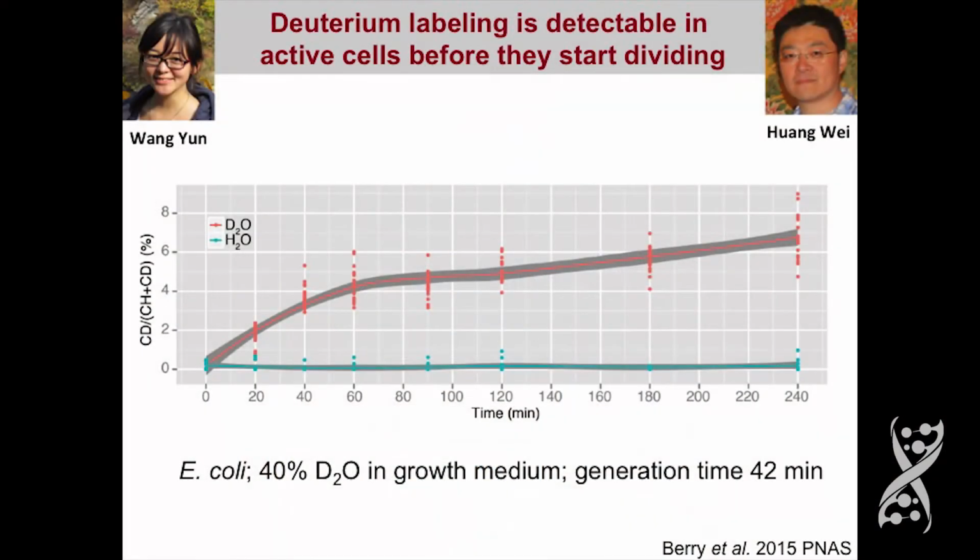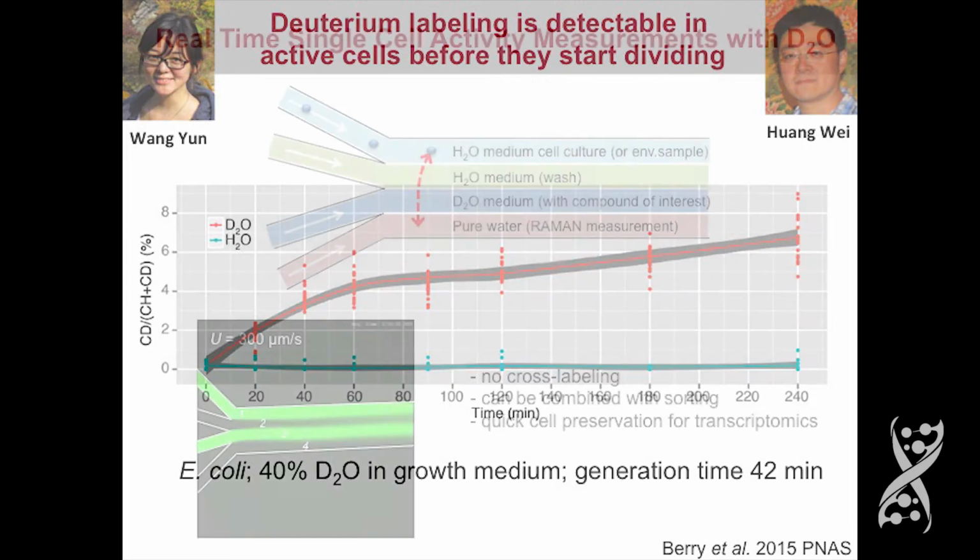And as an outlook, let me show you one other device that we are playing with now. We have already shown that the deuterium incorporation into a cell is pretty quick. So within a few tens of minutes, you can already have a detectable label. You don't even have to wait for the cell to divide.